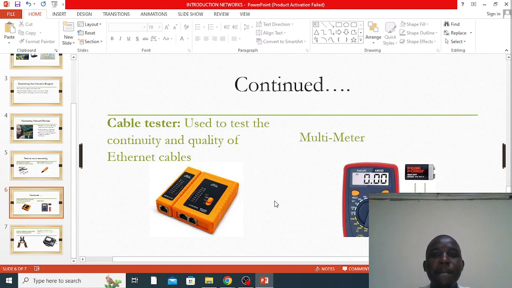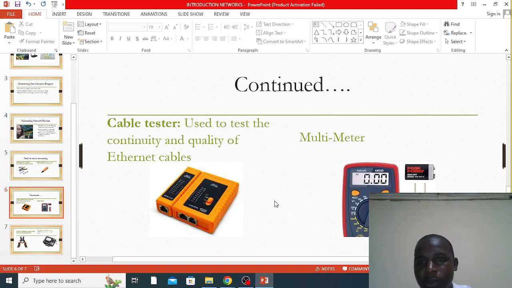I think the function of the cable tester is to test the internet cables to see if they are working well. Thank you very much. I think you have a good understanding of some of these devices, and they will be part of your day-to-day job, because if you have an interest in networking, these are some of the tools that we will be having along.